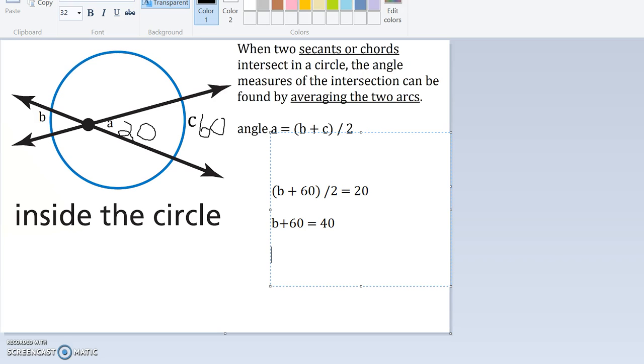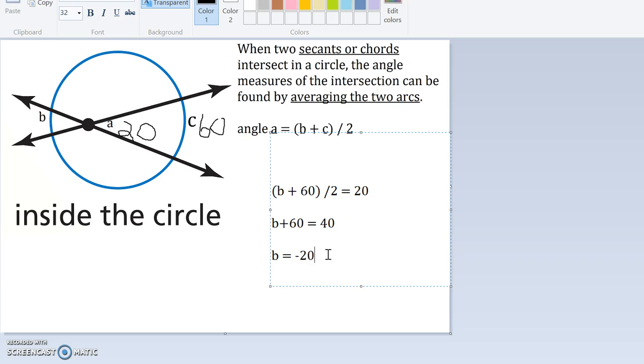And the only way this would work is if B is negative 20. So in this case, B wouldn't be able to function, but nonetheless, that's where we have it. Okay, so that's one example. That's the angles inside of the circle theorem.